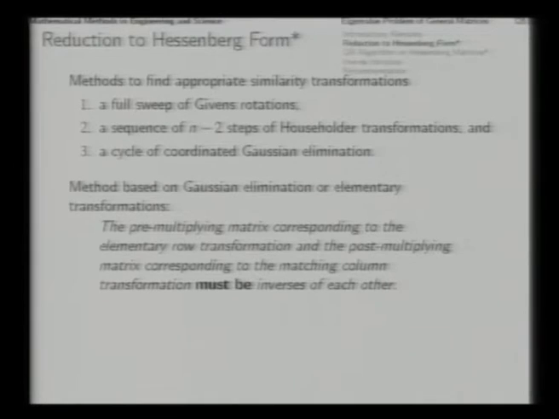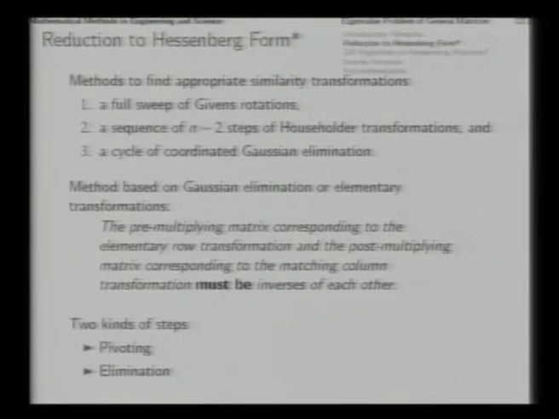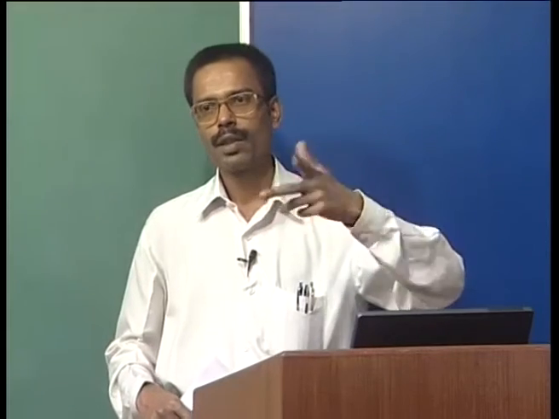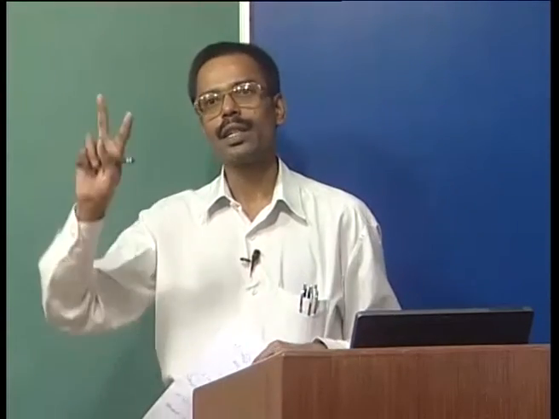Okay. That is how the similarity will be maintained. So, there are two kinds of steps in these elementary transformations, as always. One is the pivoting and the other is the elimination. So, in the pivoting step, typically you try to interchange rows and accordingly interchange columns also.